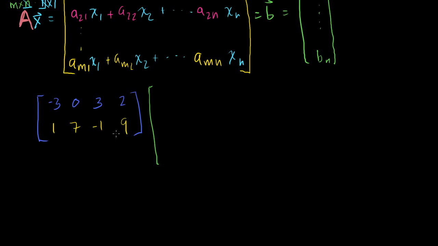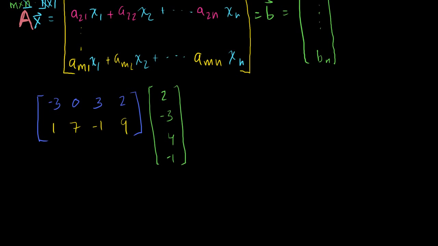Well, my matrix times vector product is only defined if my vector has as many components as this matrix has columns. So we have 1, 2, 3, 4 columns. So this guy's got to have 4 components for us to even be able to multiply them. Otherwise, it wouldn't be defined. So let me put 4 entries here. Let's say it's 2, -3, 4, and then -1.